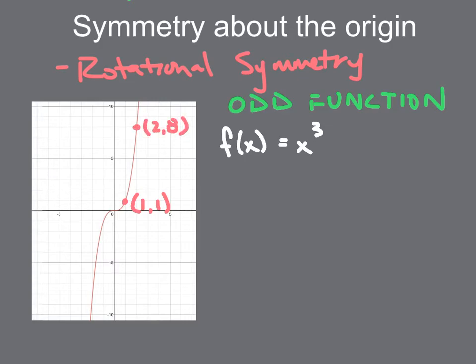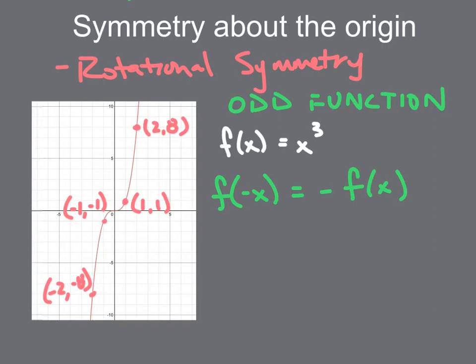This has the point down here, (-1, -1), and then this point down here is the point (-2, -8). From here, what I want to show you is what an odd function means. An odd function really means that if you take f of negative x, that gives you negative f of x. By definition, this is what an odd function means.